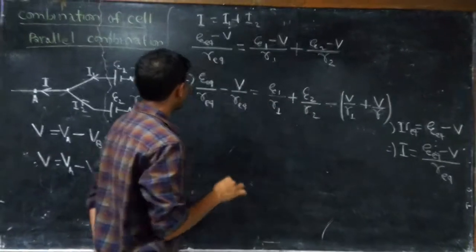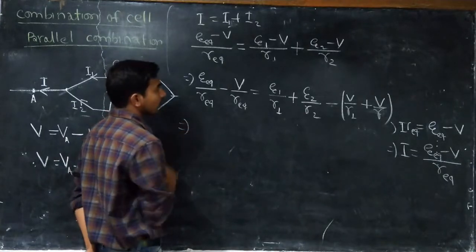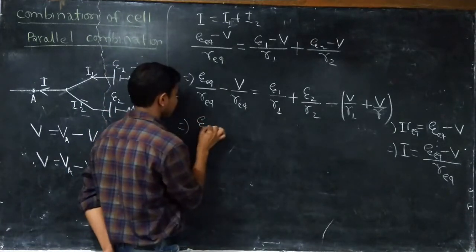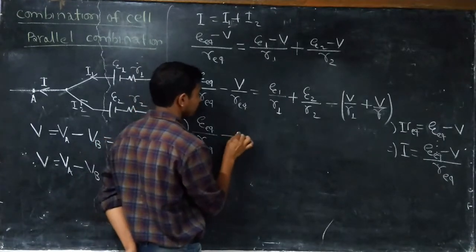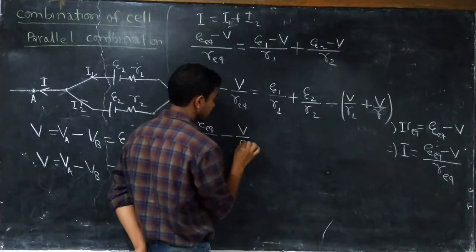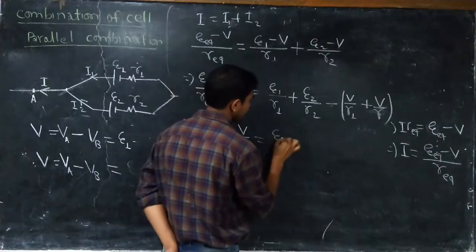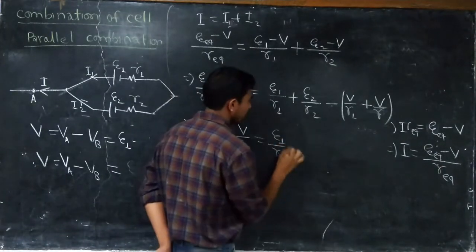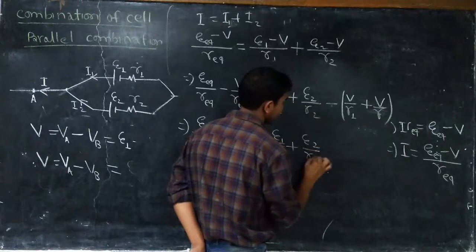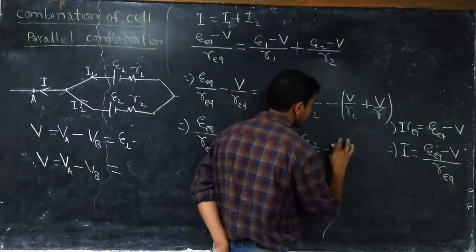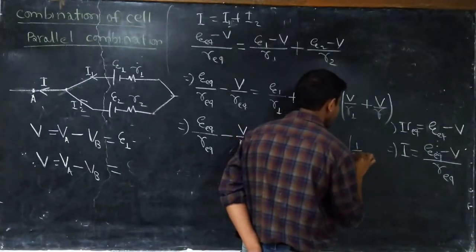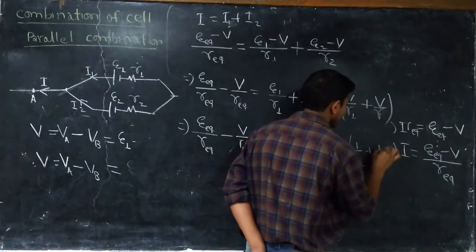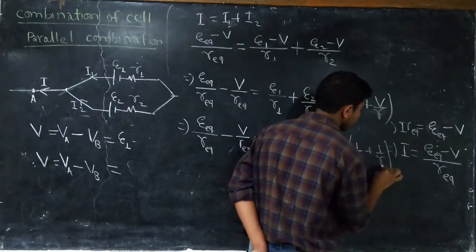Note down. So further we can write: E equivalent by R equivalent minus B by R equivalent is E1 by R1 plus E2 by R2, and here we can take B as common. So inside the bracket you will have 1 by R1 plus 1 by R2.